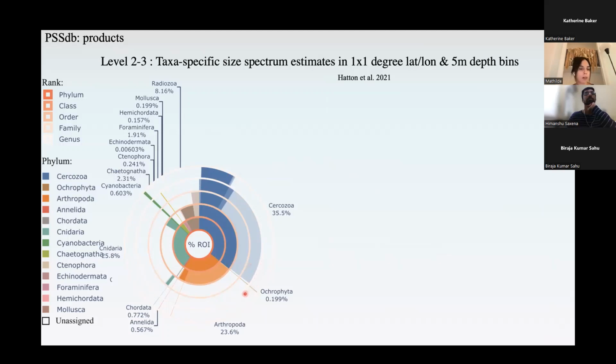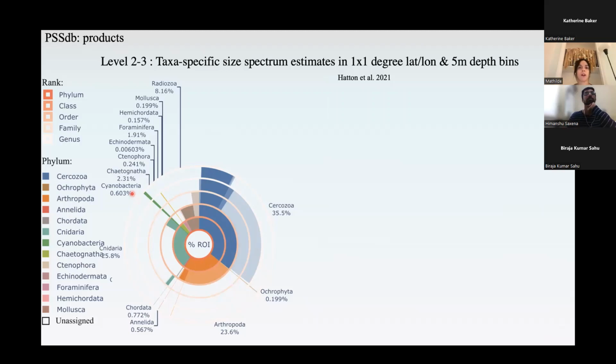And the white part are the images that are unassigned to a specific taxonomic rank. What you see is that typically we are able to annotate all the images to the phylum level, but then as we get finer into the taxonomic range, we typically lose some information. But some of the taxa are very well annotated, like the cyanobacteria for the UVP.